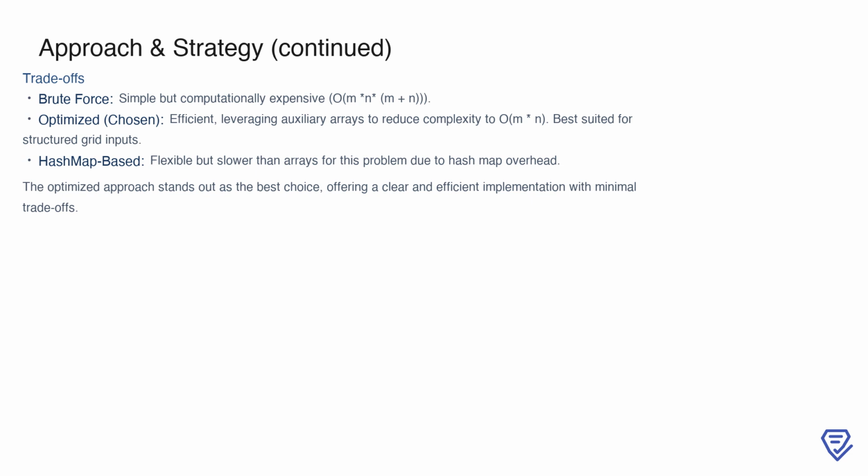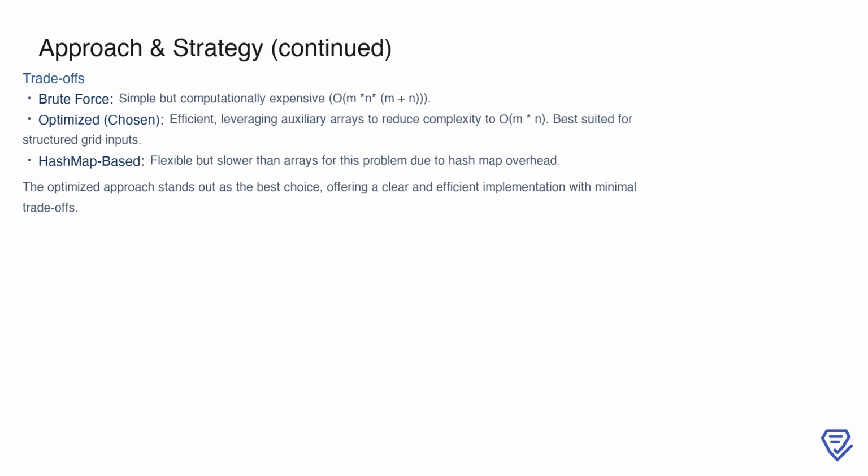However, this flexibility comes at the cost of slower operations compared to arrays, which is unnecessary for this problem given its structured grid format. Ultimately, the optimized approach using arrays strikes the best balance between simplicity, efficiency, and scalability. It avoids redundant computations and provides a clear, effective solution with minimal trade-offs, making it the ideal choice for solving this problem.